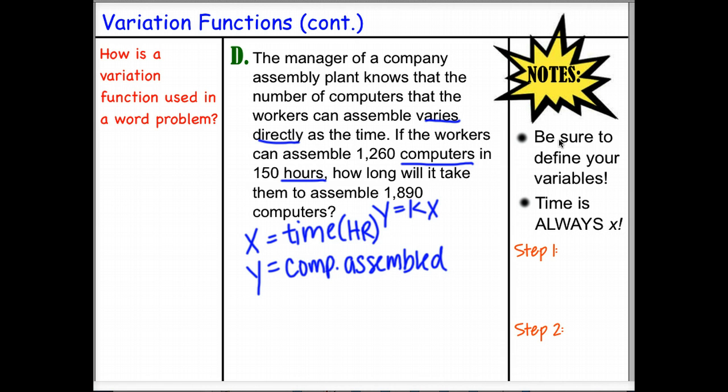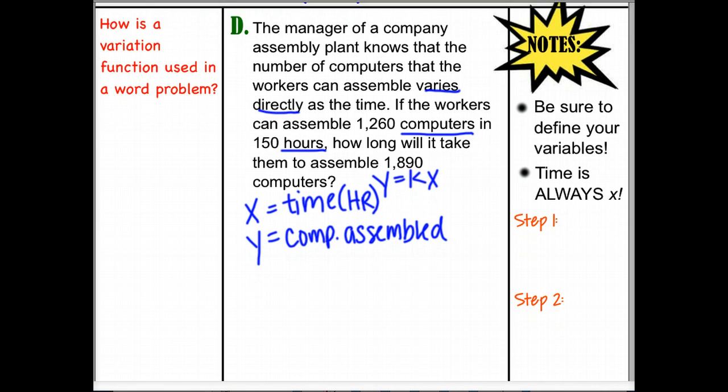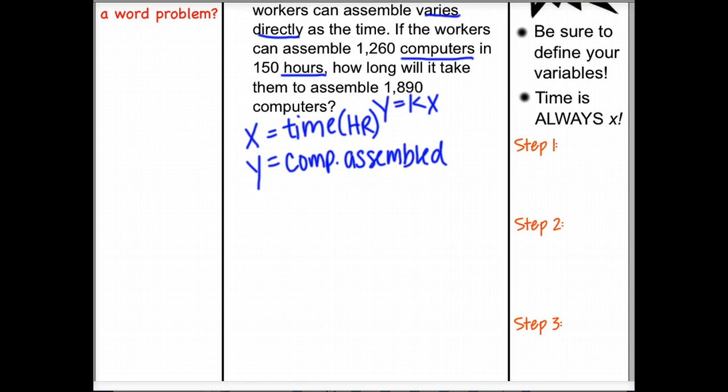So then our process is simply going to be the same as it has been before. Step one is to set up that variation equation. I see here that y is equal to 1,260 when x equals 150. Now we're back to where we were before.